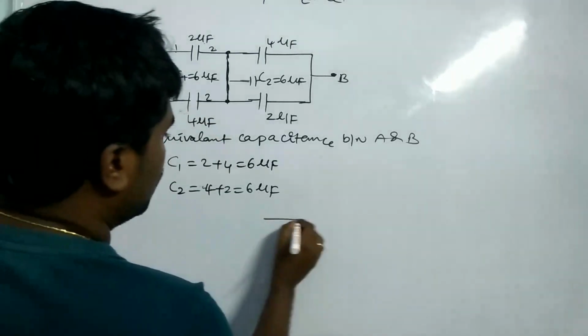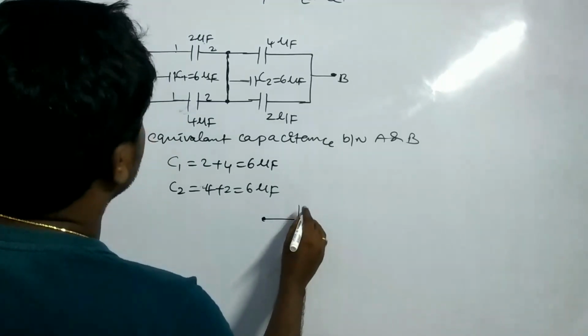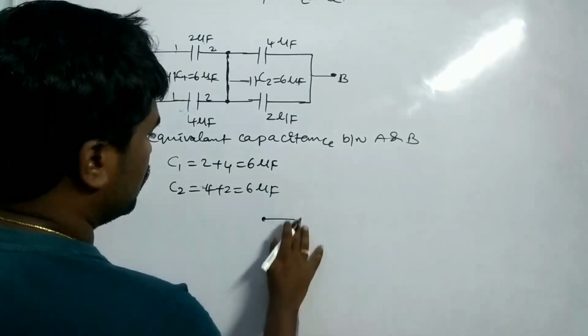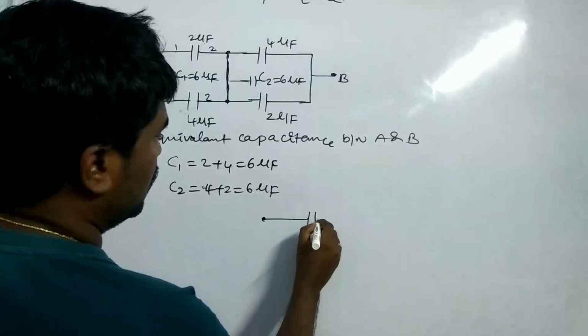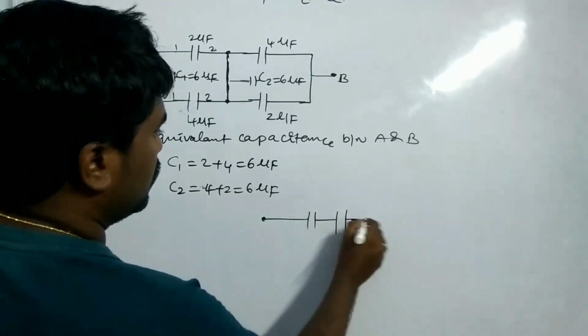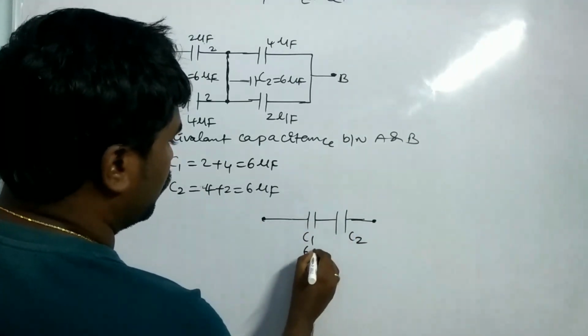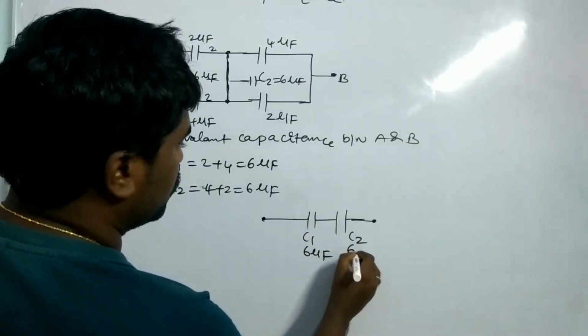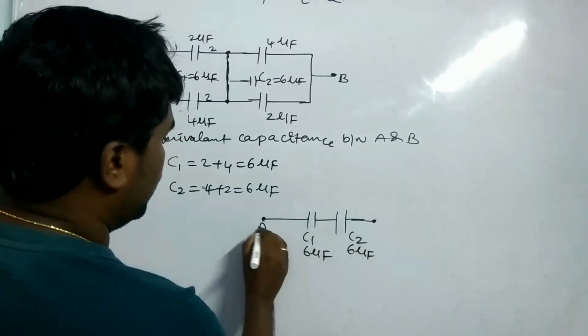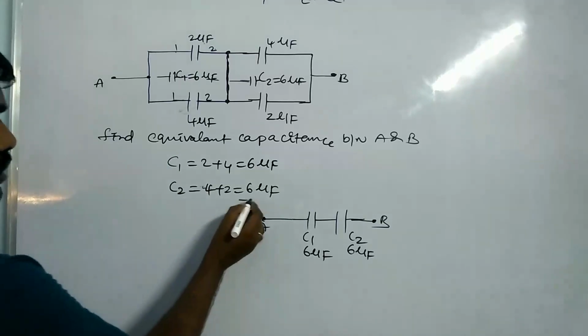So this is A, this is C1 and this is C2, 6 microfarad and 6 microfarad, and this is B. Now these two are in series combination.